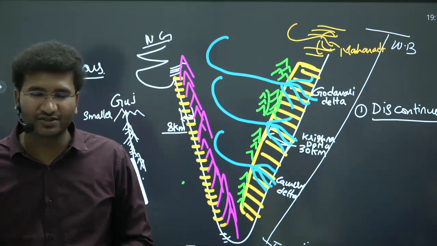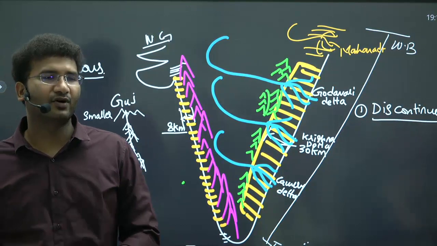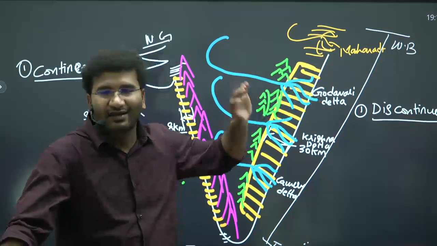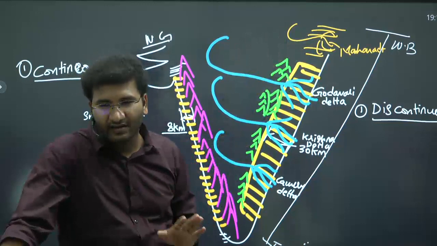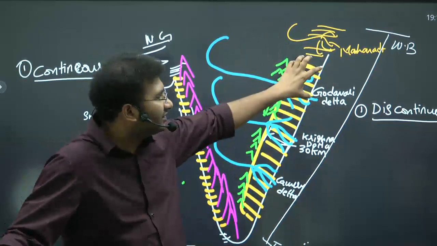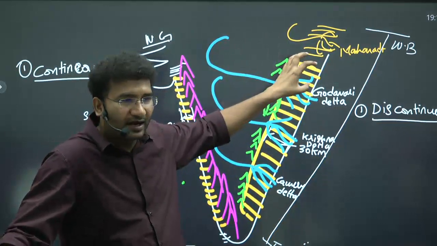There is nothing like north to south here. The orientation of north to south, height increases or decreases. It can increase and decrease. The highest peaks are in Odisha and the Andhra Pradesh border.